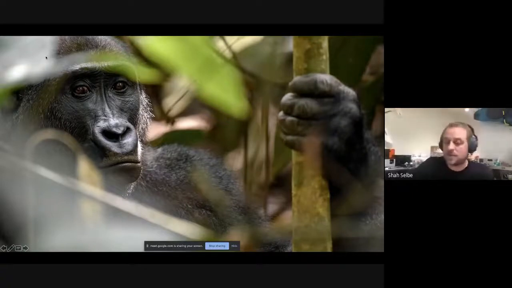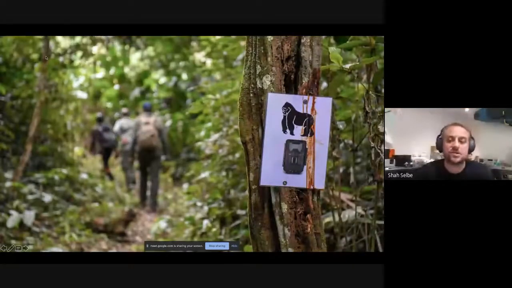But one of the projects I'll talk a little bit about in further detail is an ongoing project that's in the Republic of Congo in Odzala National Park around monitoring for Western lowland gorillas. So we went there to help some researchers that have been doing behavioral studies that were basically using camera traps to try and understand this very unique behavior that these gorillas had, where they would find a certain type of tree and eat this fruit. And it's interesting because that was not a natural gorilla behavior, it was a learned behavior, and these researchers wanted to see how that knowledge is spreading through those communities.